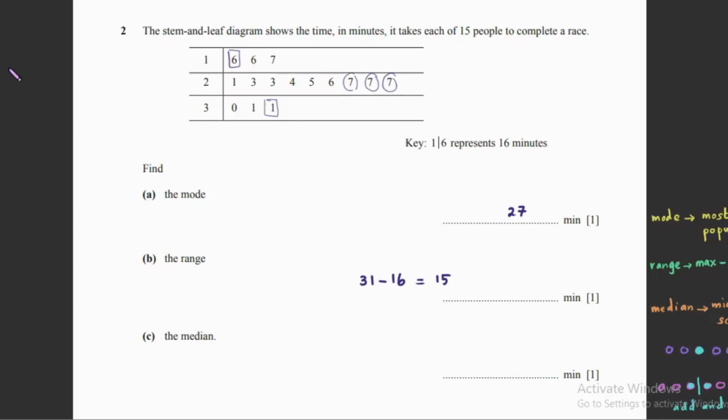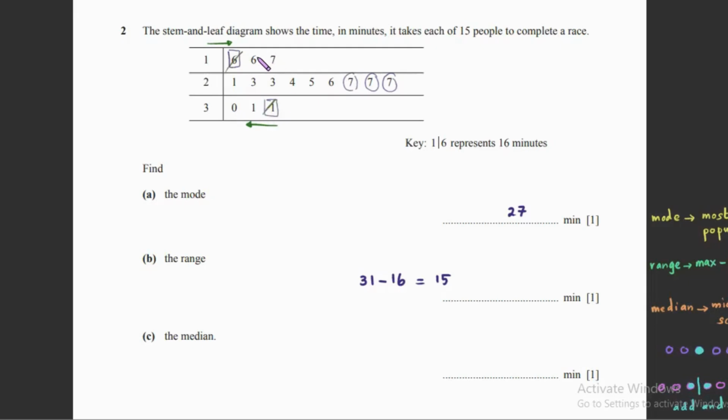In this question, it clearly states that we have 15 scores, so we have an odd number of scores, and we can easily identify the score in the middle. When we have a stem and leaf diagram, we can keep crossing out this way. From this side, you cross out from the smallest number, and from the other side, we cross out from the largest number.